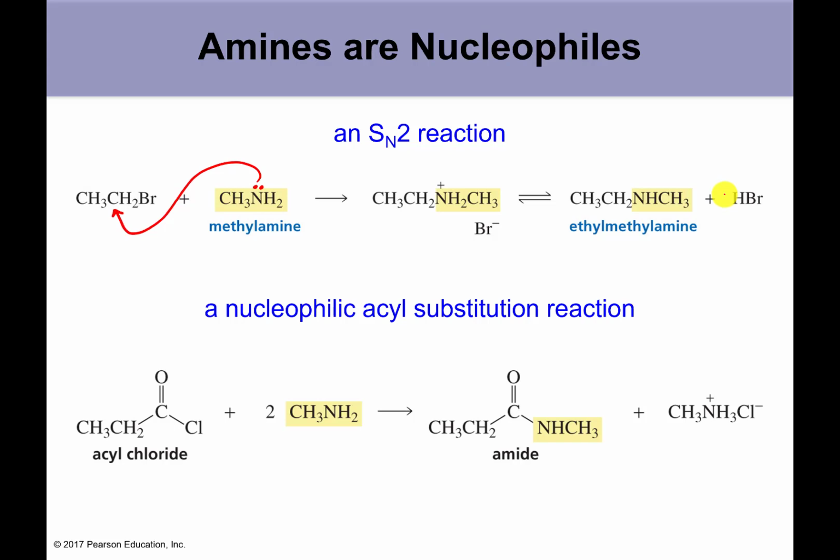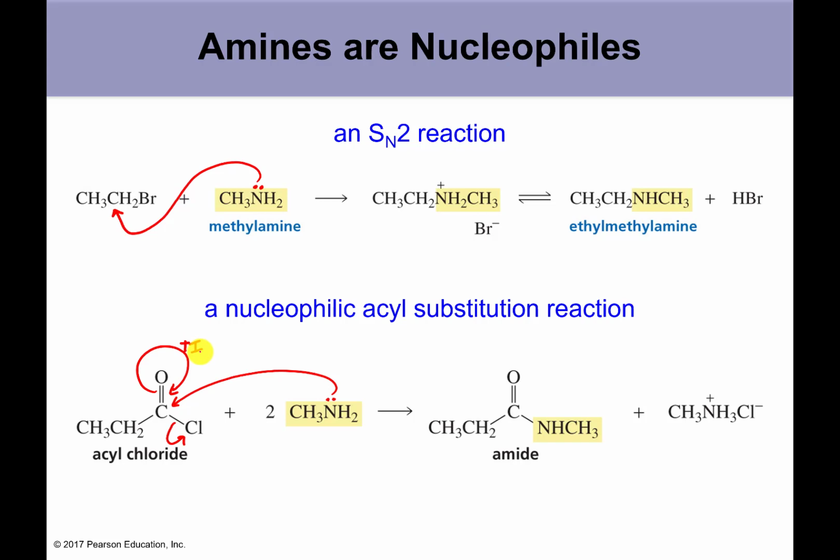You can also do a nucleophilic acyl substitution. This is the shortcut way of doing it. You go to a tetrahedral intermediate when you do this, and then you collapse it, and then the chlorine leaves.